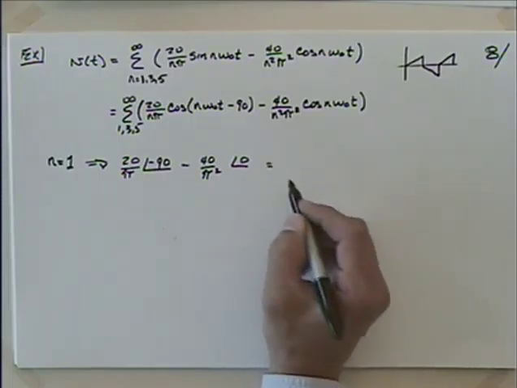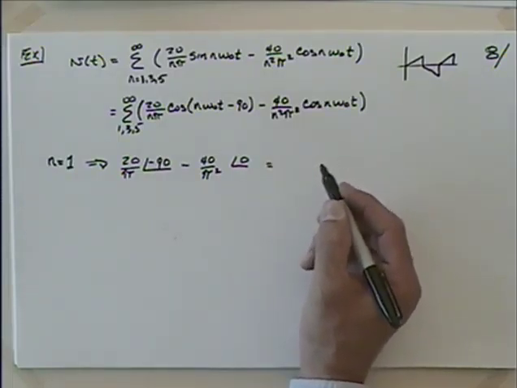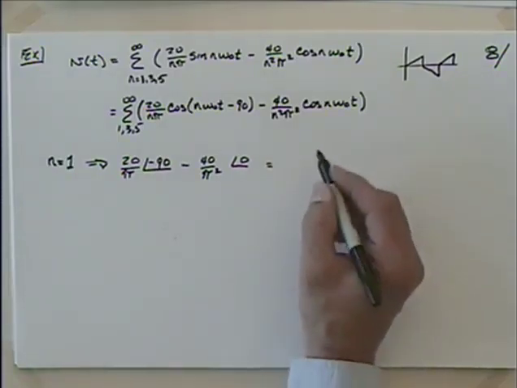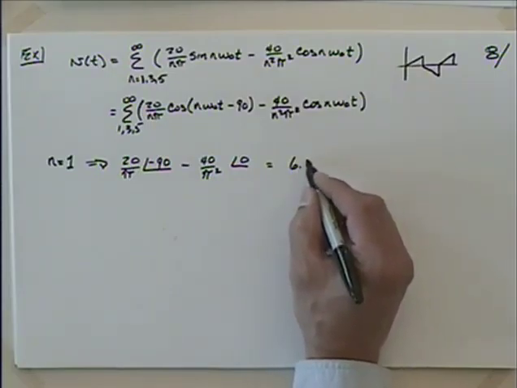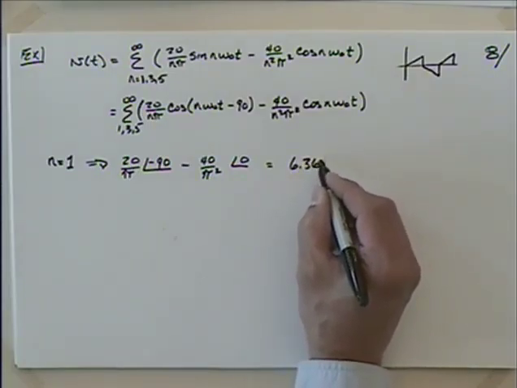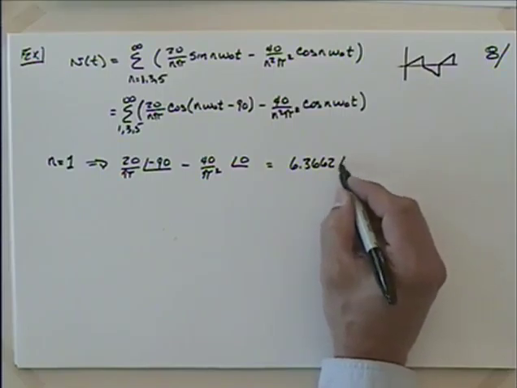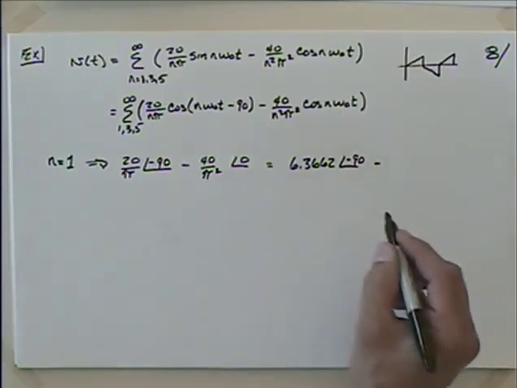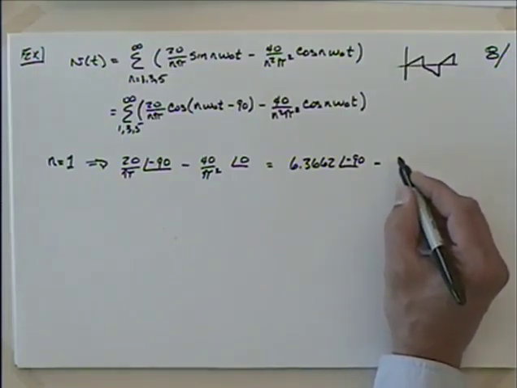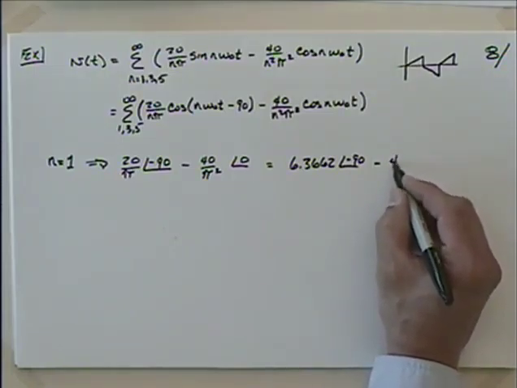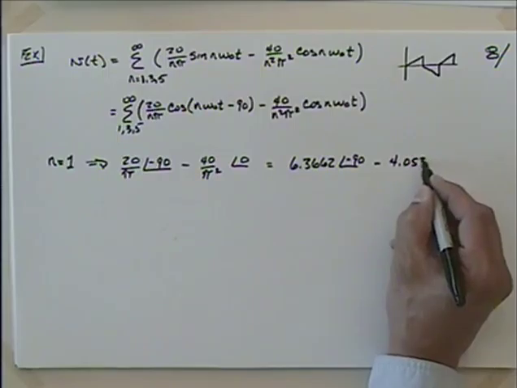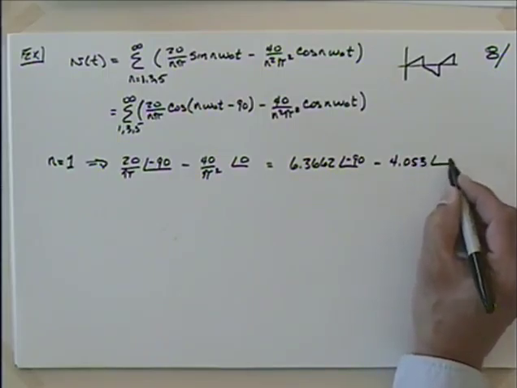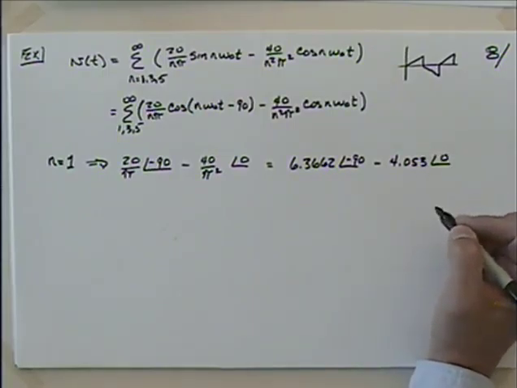So we could say this is equal to 20 over pi, which turns out to be about 6.3662, at minus 90. Then I have minus 40 over pi squared. Pi squared is about 10, so it would be about 4.053, pretty close to 10, at an angle of 0.